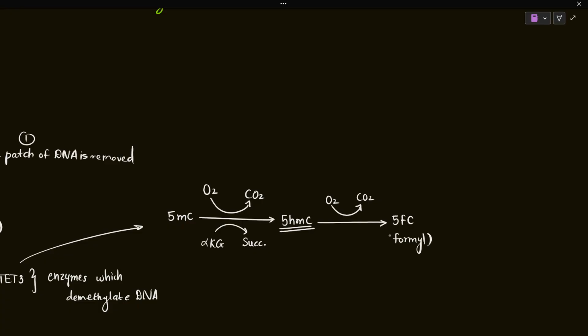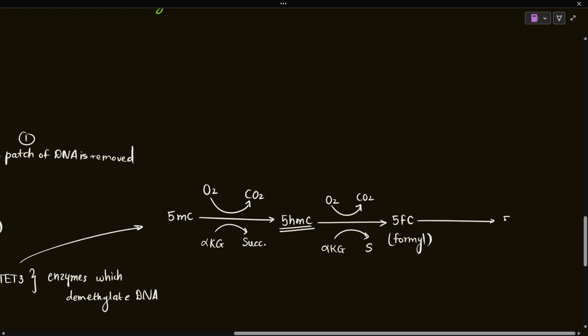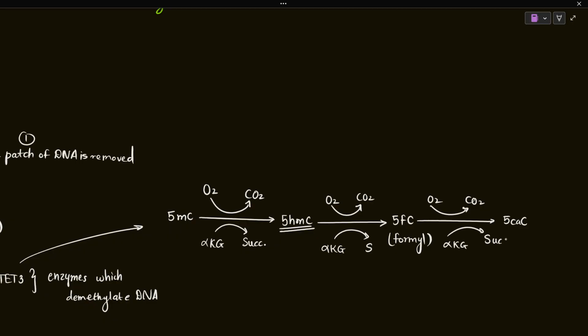Again, the cofactor for the enzymatic reaction is alpha ketoglutarate, which gets converted into succinate. Again, 5-formyl cytosine can be converted into 5-carboxyl cytosine. The oxygen will be converted into carbon dioxide, and alpha ketoglutarate, the cofactor, gets converted into succinate. So this is how TET-mediated demethylation occurs.